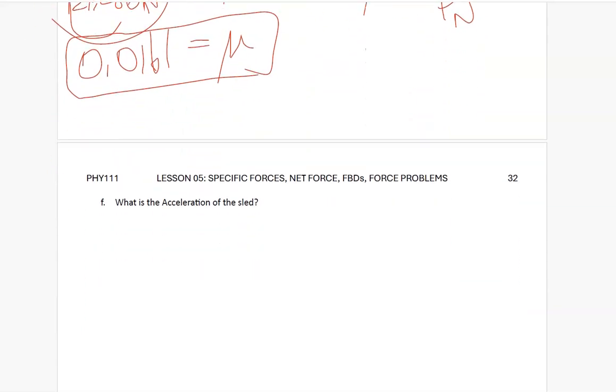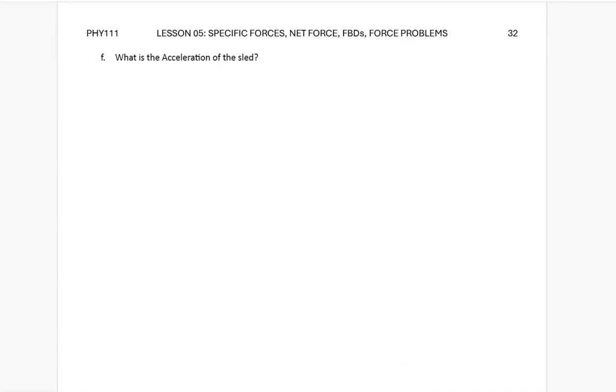All right. What is the acceleration of the sled? Well, the sled is moving in the horizontal direction. So we need to know the net force in the horizontal direction because that's equal to the mass times the acceleration in the horizontal direction. Net force is always equal to the mass times acceleration.